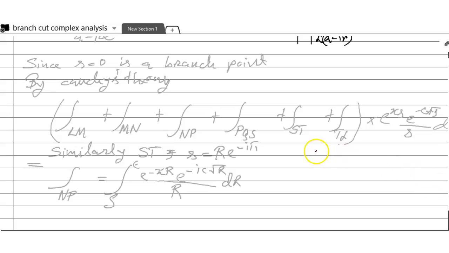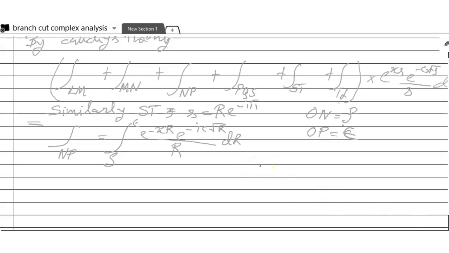The integration is rho to epsilon, e to the power minus xr, c by root over r, divided by capital R into d capital R.